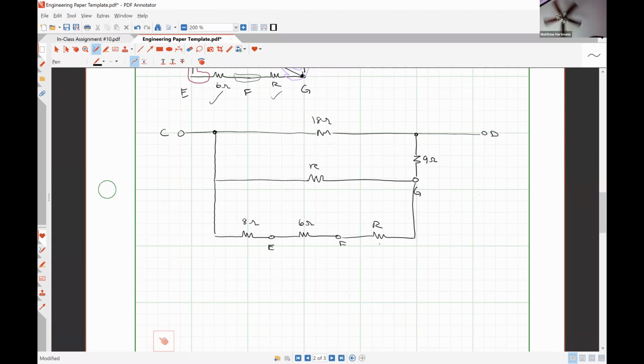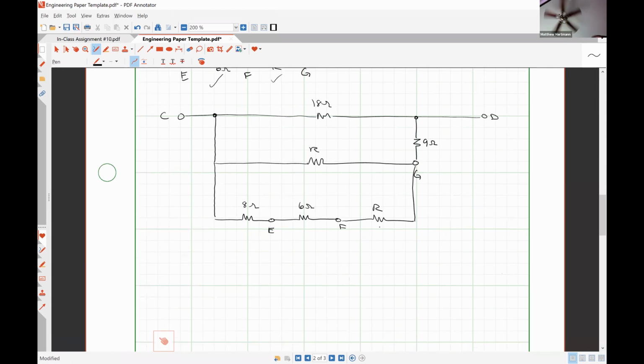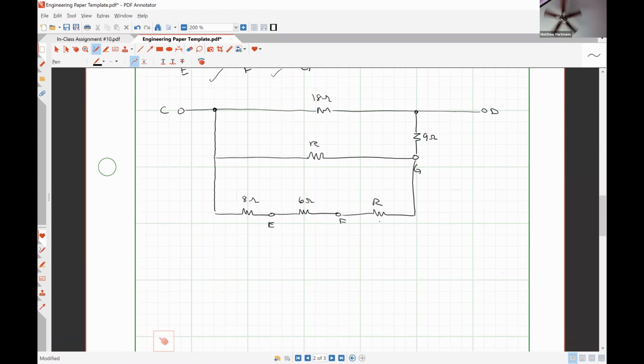So let's see if we can figure out how to do this mathematically. In one equation it might be kind of ugly. So we could call R bottom 8 ohms plus 6 ohms plus R, where R is equal to 11 ohms.